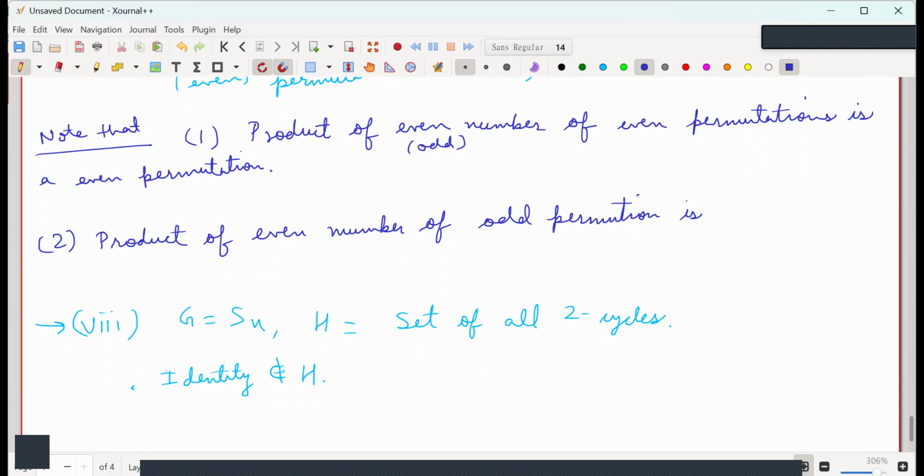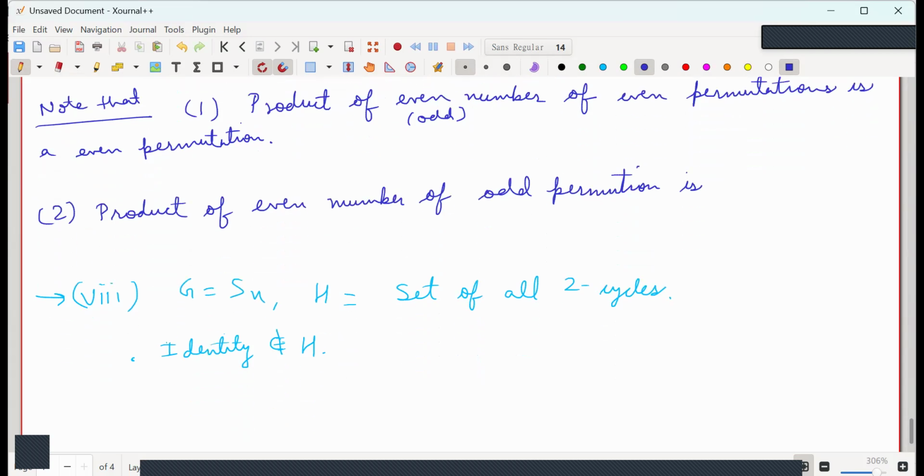The problem is when you are having odd permutations. An even number of odd permutations is an even permutation, and an odd number of odd permutations is an odd permutation.